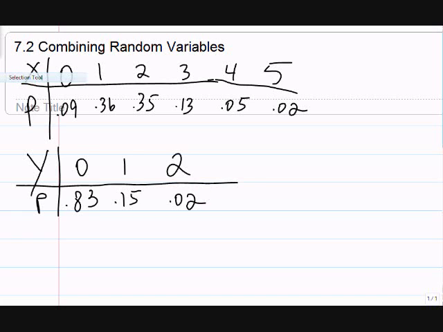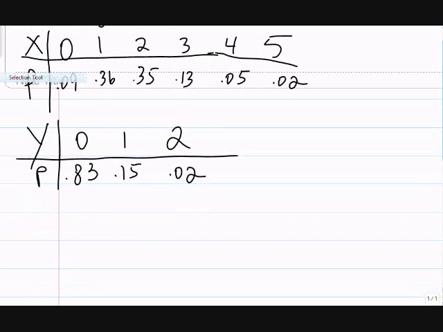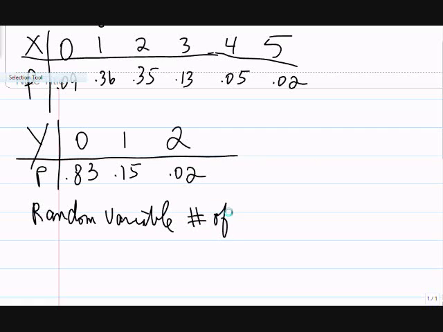So now I want to define a new random variable, which would be the number of vehicles you have in your household. I was going to abbreviate it RV, but you'll think that means recreational vehicle. So my new random variable is the number of cars and or motorcycles.